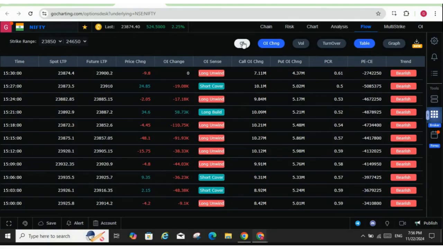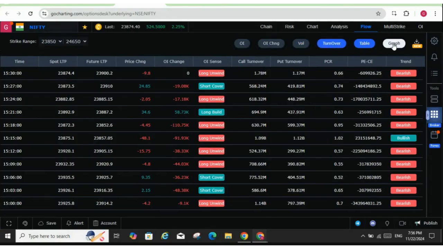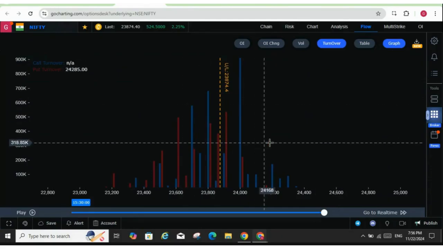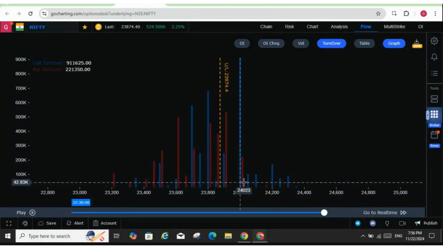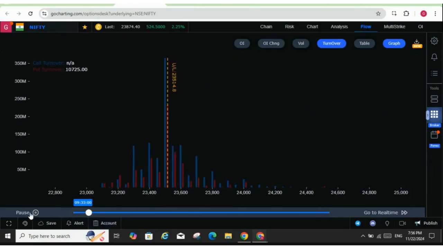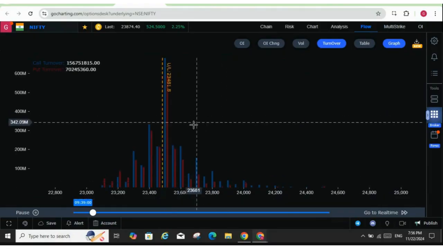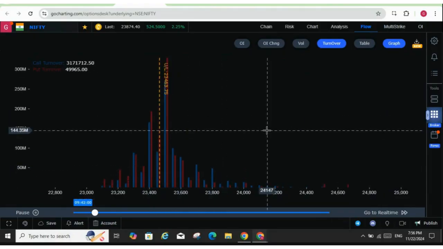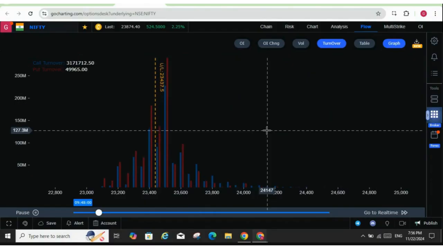You can also change the metrics from OI change to volume and turnover. You can also see these things in graphical format. This is a graphical format, and you can also do back testing and replay the entire day's data. This is replaying in graphical form. So I hope this is clear to you.